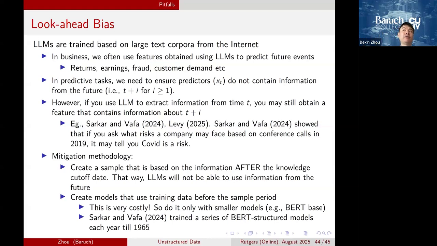For example, you can have a model trained using data purely from before the year 2000, and then another model trained using data before 2001, and so on, all the way to more recent times. Several papers have proposed these kinds of models. We have Sarkar-Vafa, Levy, and also a recent paper by people from Washington University in St. Louis that also does this kind of time-stamped model.